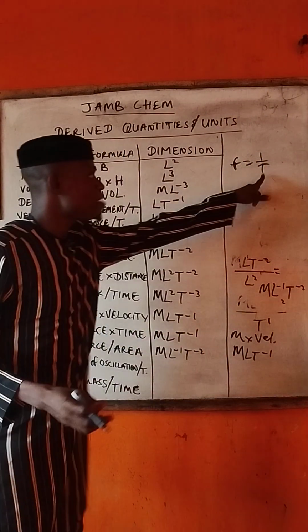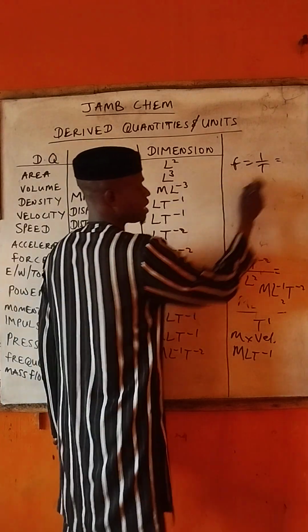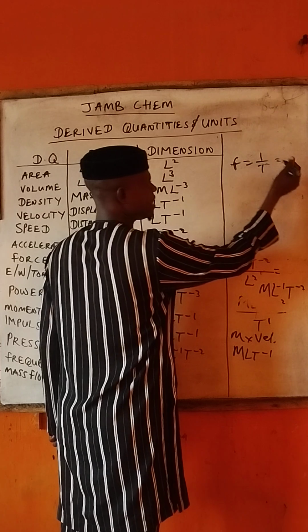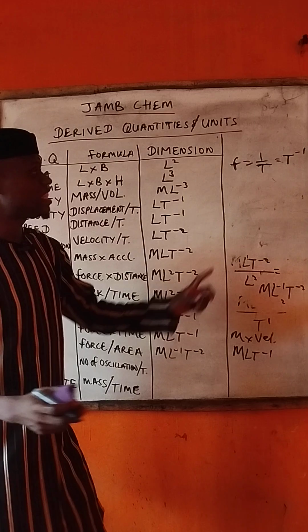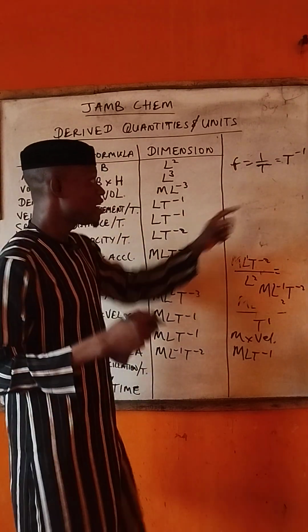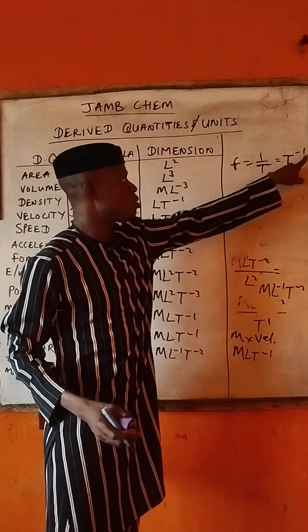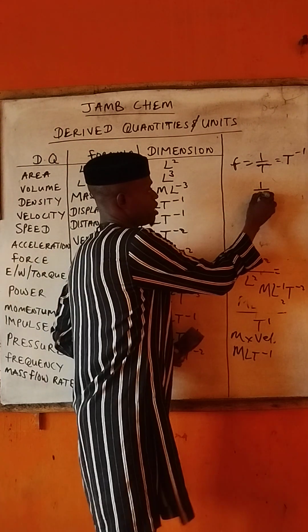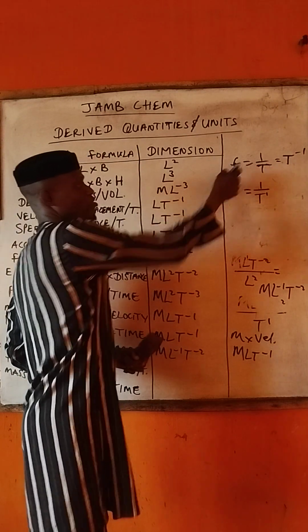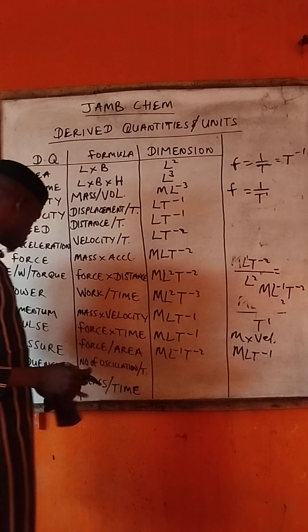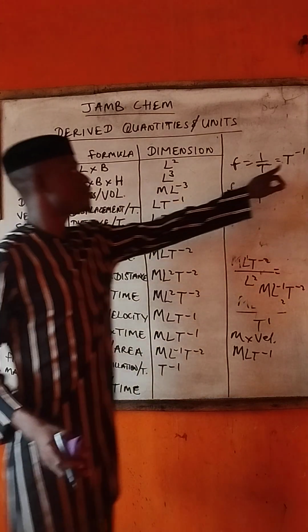The dimension of time is T. In index form, 1 divided by T means T raised to minus 1, because in indices the minus means 1 divided by. If you pull that one downstairs, we have T raised to 1, which is still the same thing as 1 over T. So the dimension for frequency is T raised to minus 1.